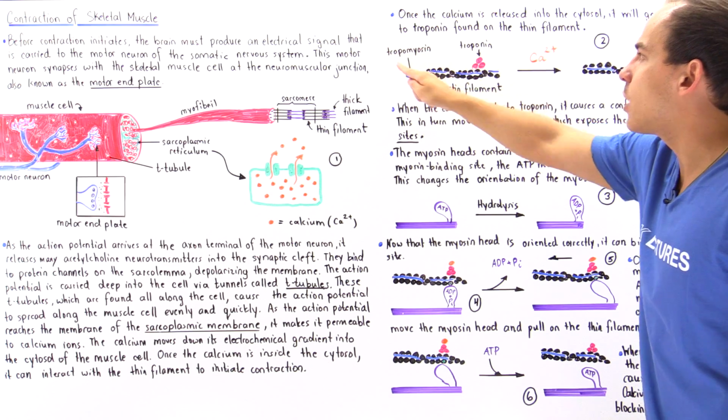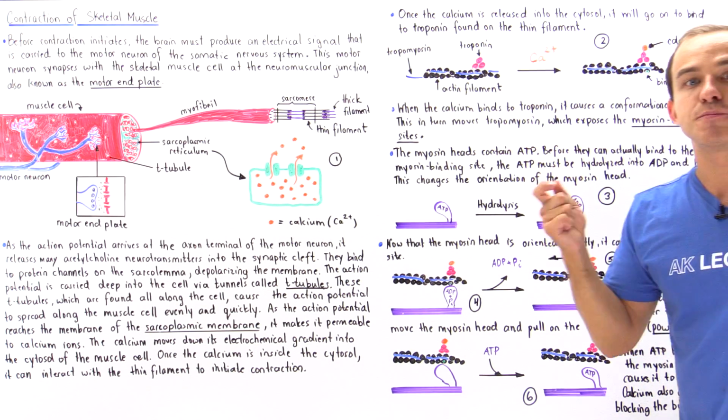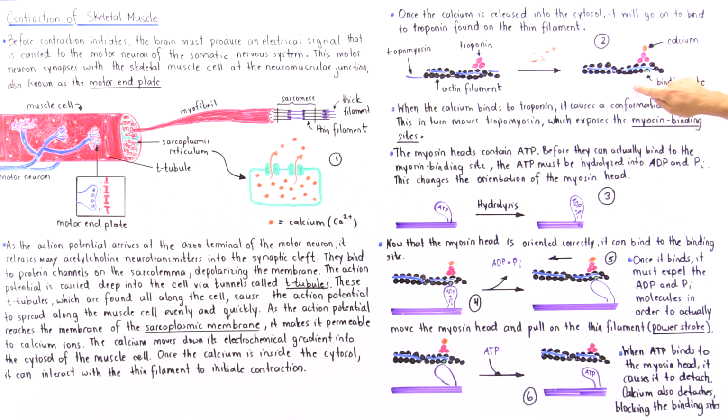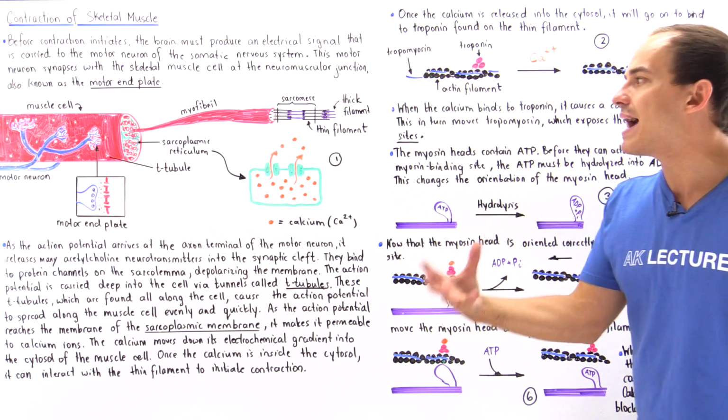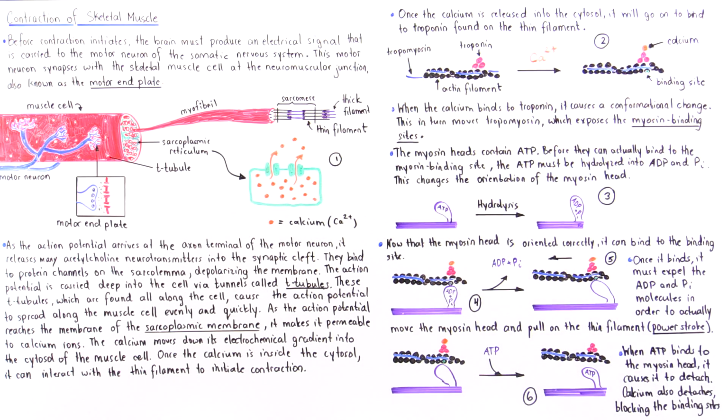And as our tropomyosin, shown in blue, shifts, it exposes special binding sites on the actin filament known as our myosin-binding site. So this is basically where our myosin heads found on the thick filament bind to our thin filament.